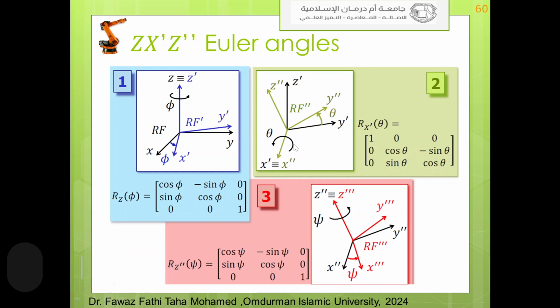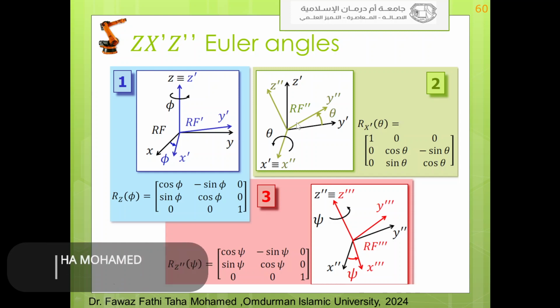Secondly, we rotate around this current frame's x dash axis to obtain x double dash, y double dash, z double dash. This is also considered the previous frame with respect to the third frame.